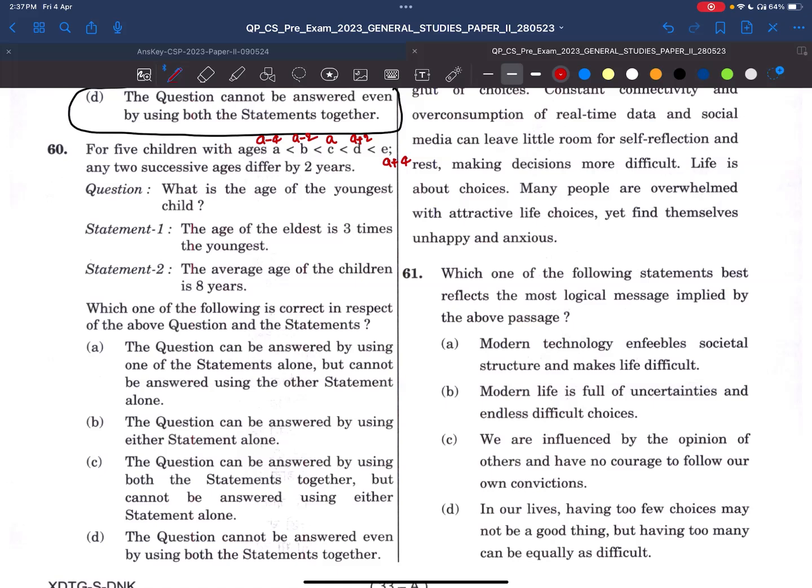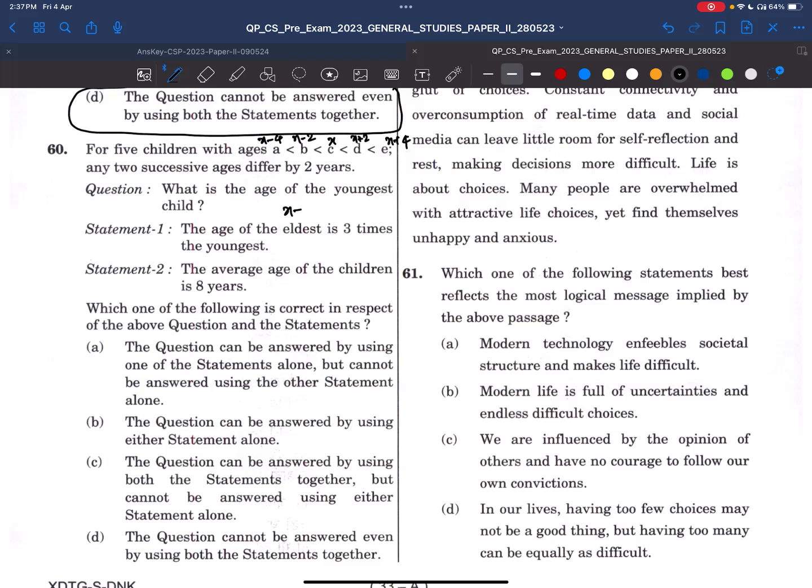Okay? Now, A is already there, no? Let's take another value. Let's take it as X, okay? If it is X, the others are X plus 2, X plus 4, X minus 2 and X minus 4. Now, statement number 1. The age of the eldest is 3 times the youngest.